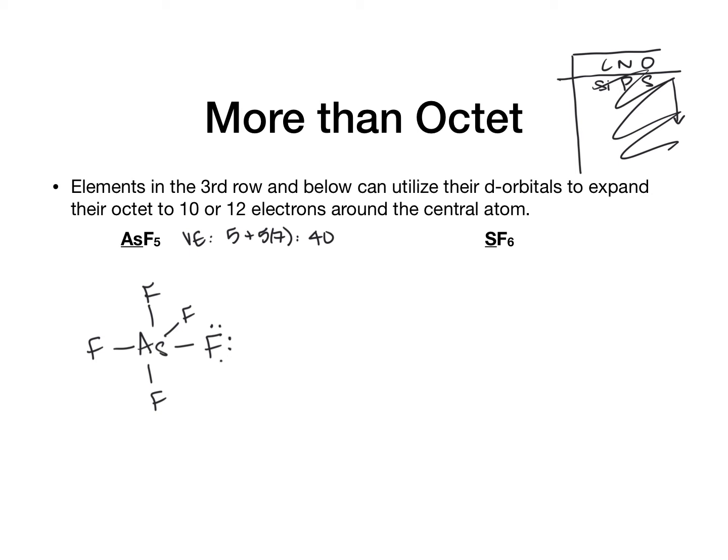But once we add all of our lone pairs to these fluorine atoms, there are no additional electrons that need to go onto the central atom.